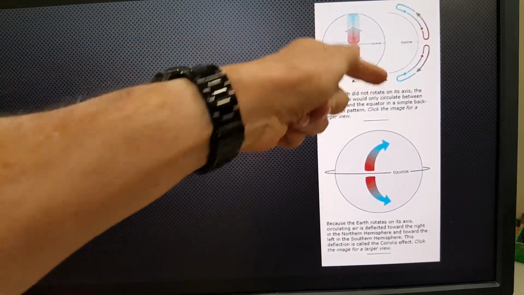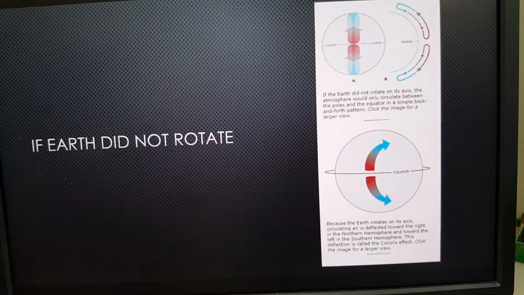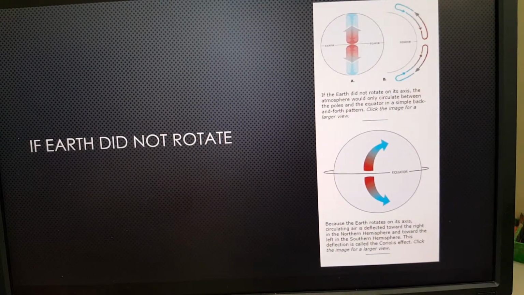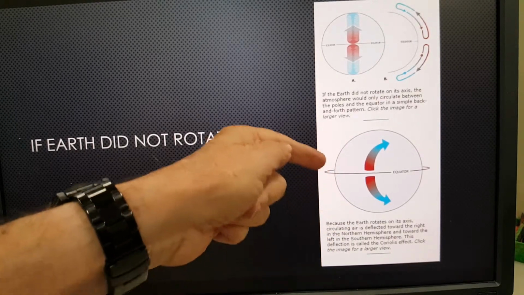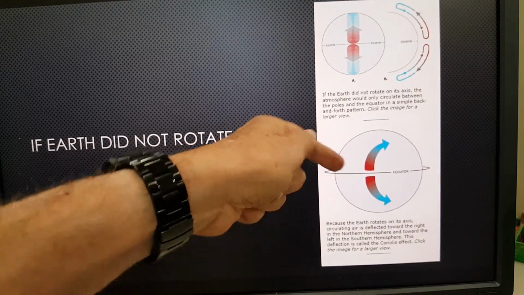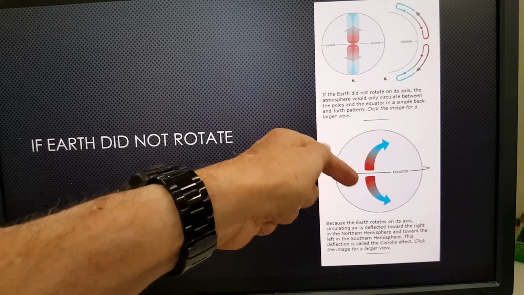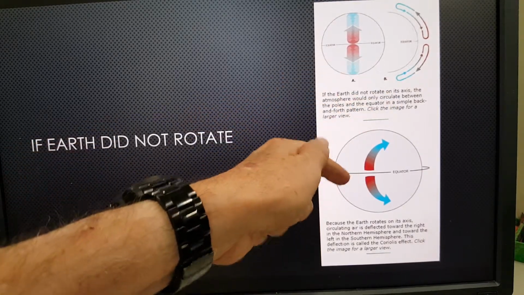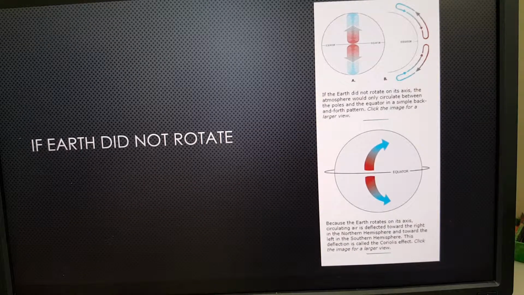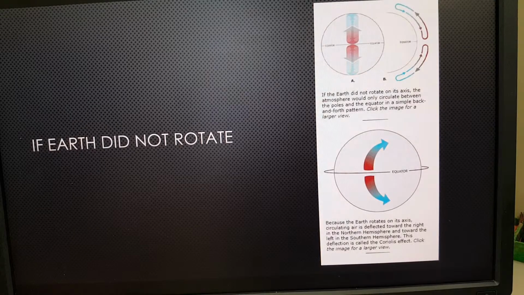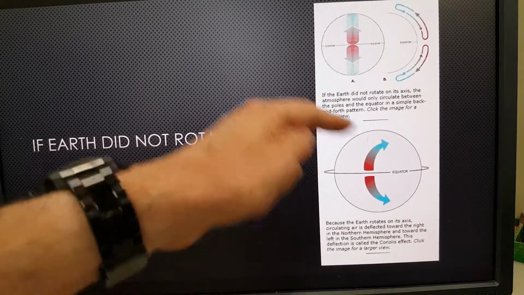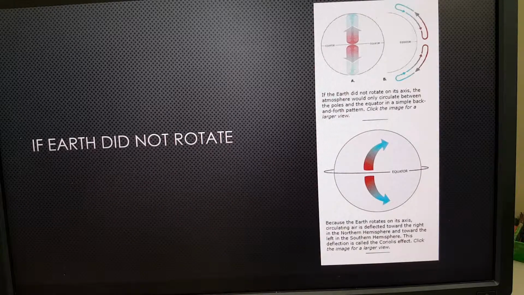Again, you can look that up. And because the Earth does rotate, we have circulating air that's deflected to the right, both in the northern and southern hemisphere. And this deflection of these winds is called the Coriolis effect.